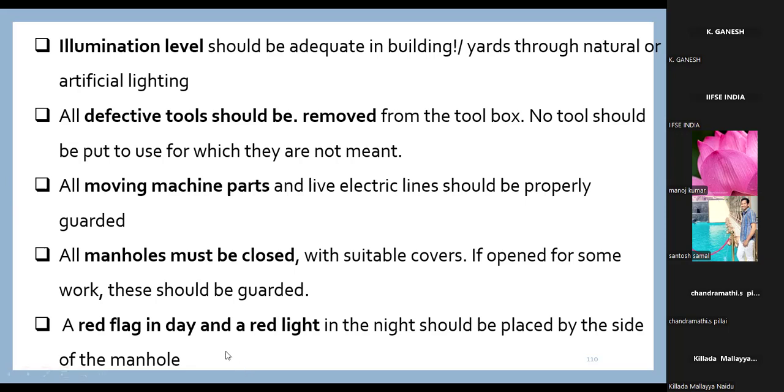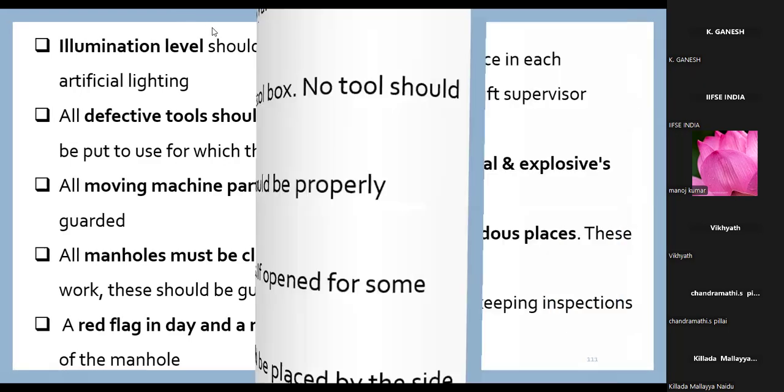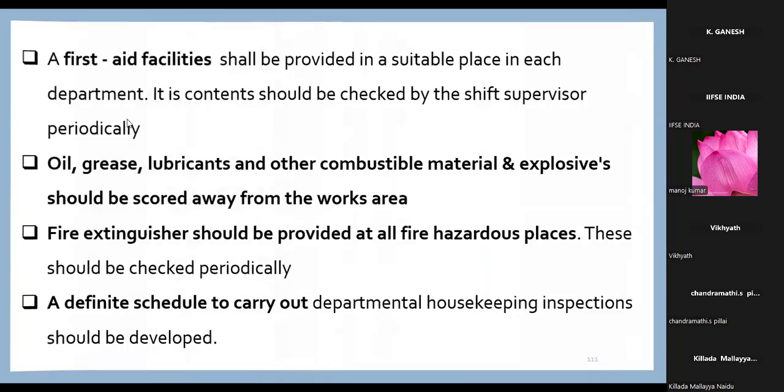Can anyone tell where this is more prominent? Red flag in a day and red light in a night, where do you see this? Lighthouse, sir. No, that you live. In terms of the construction industry. In a manhole, sir.